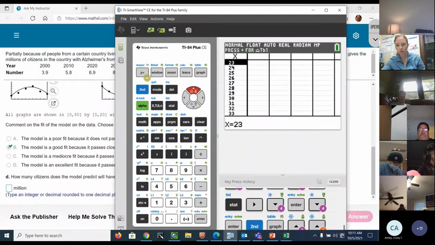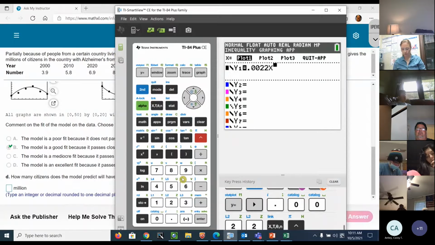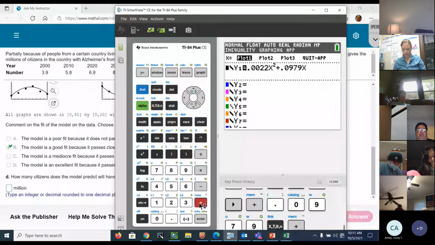So Y is equal to 0.0022x quantity squared plus 0.0979x plus 4.1214. And graph.